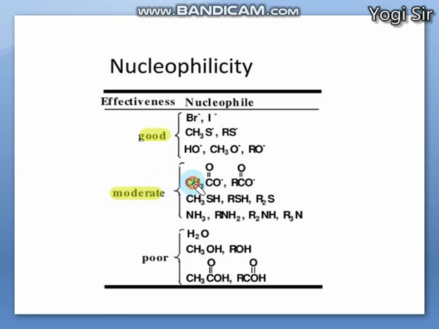You can see carboxylate, acetate ion, thiol functional group, dialkyl sulfide, ammonia, amines, primary, secondary, and tertiary amines. They are moderate in this reaction. And last are poor, meaning the rate of reaction is slower with nucleophiles like water, alcohol, and carboxylic acids. They are poor in reactivity in this SN reaction.